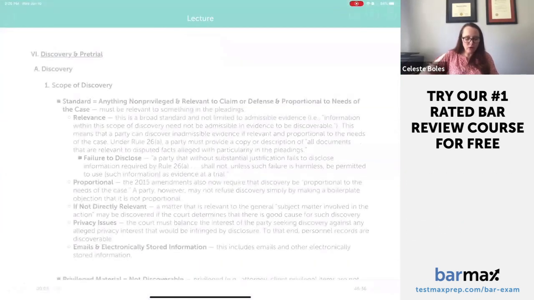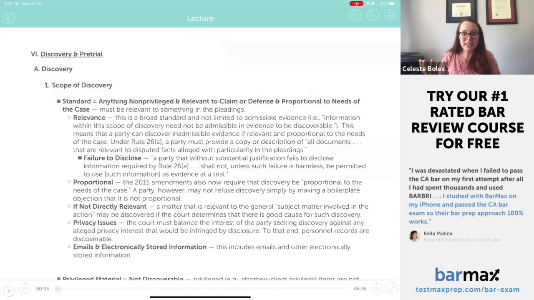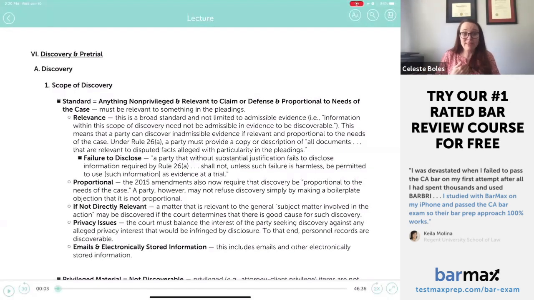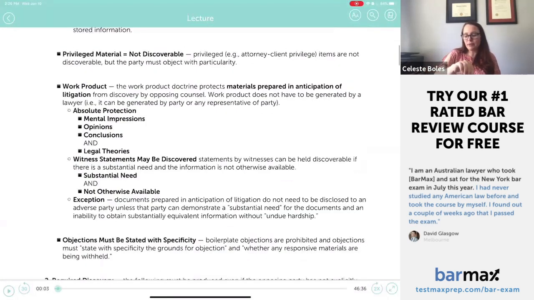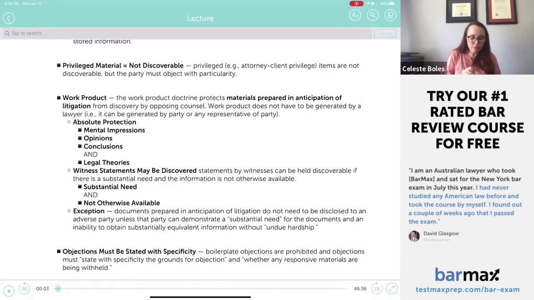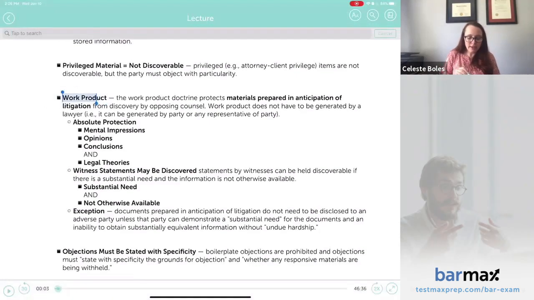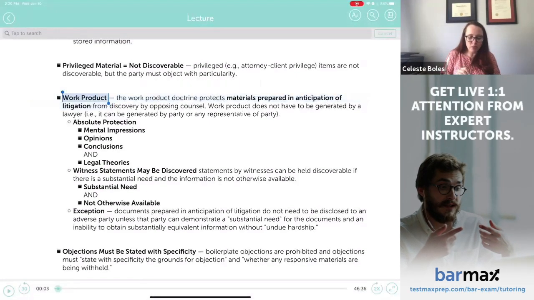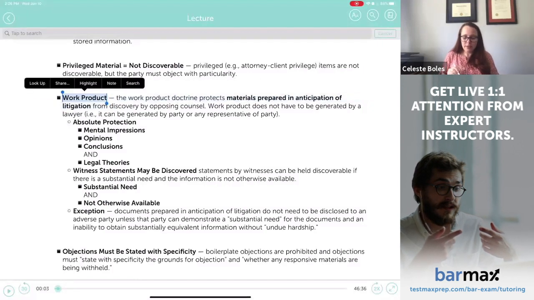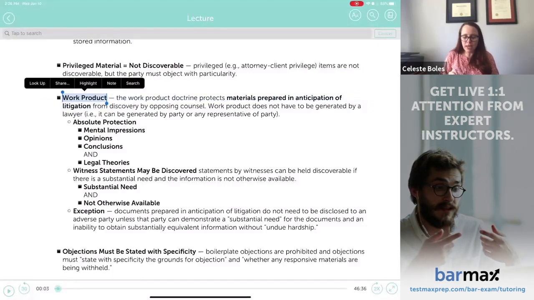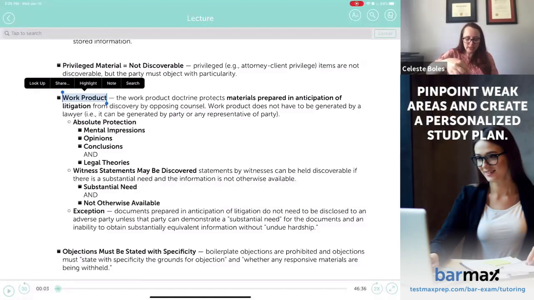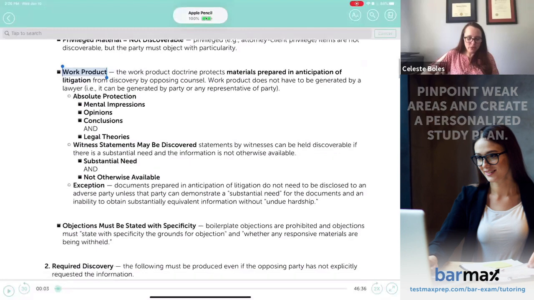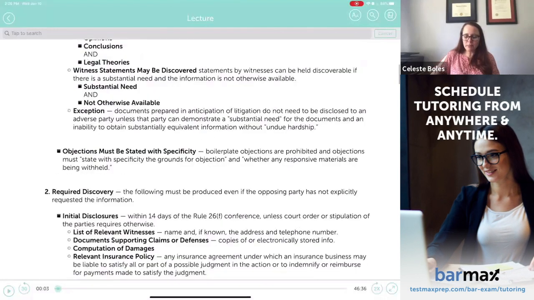And now's my chance to review the outline of that lecture. You may end up reading the whole thing, but you're definitely going to read the part on work product. Okay, material, which applies to materials prepared in anticipation of litigation.